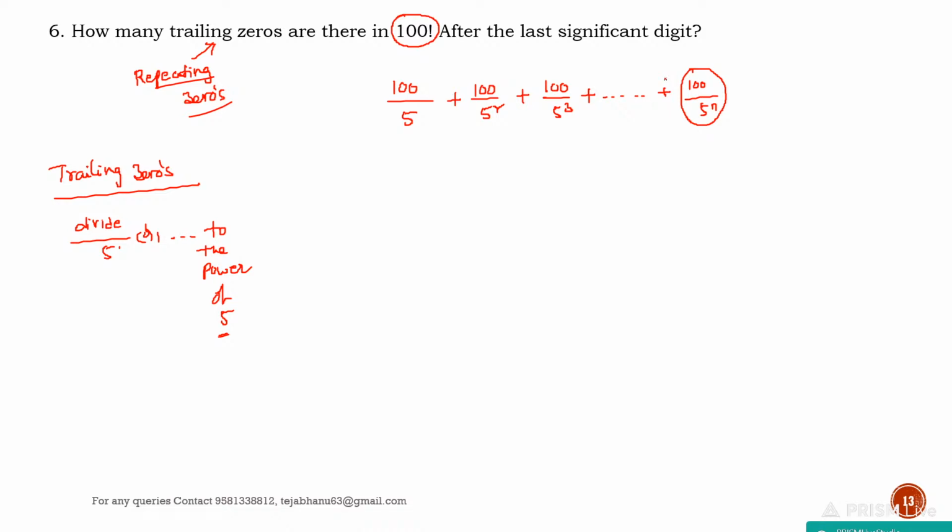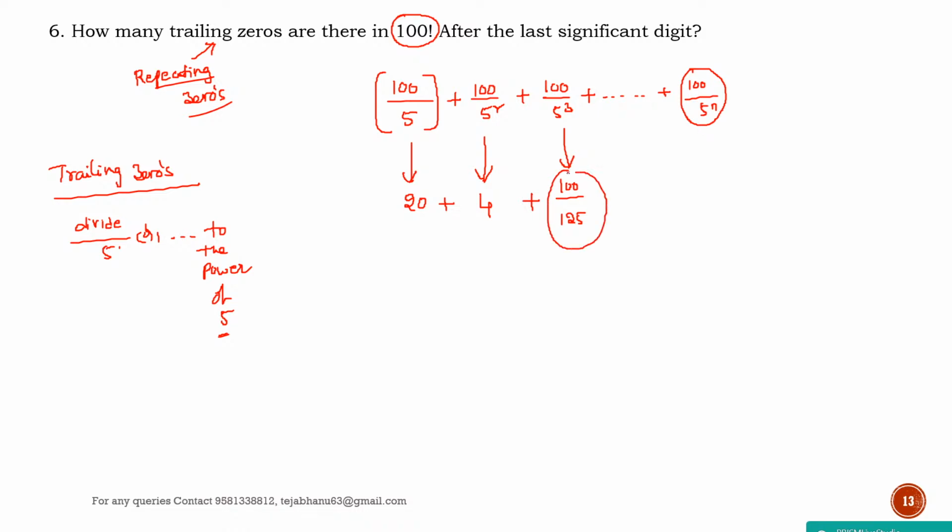Okay. Now have a look at this. 100 by 5 is 20, plus 100 by 5 square. 5 square is 25, and 100 by 25 is 4, plus 100 by 125.